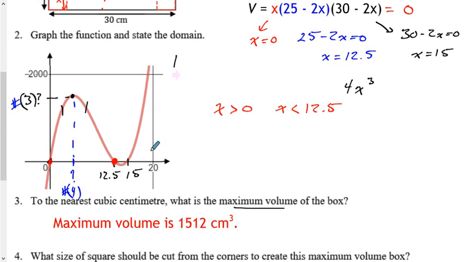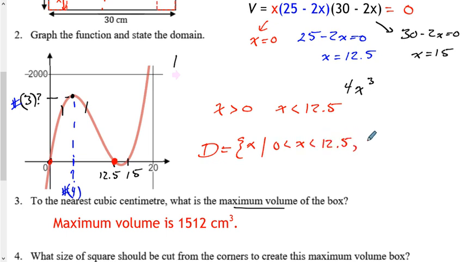So just reviewing set builder notation, we could say that our domain is equal to the set of x's such that 0 is less than x, which is less than 12.5, but x can be any real number in this interval.